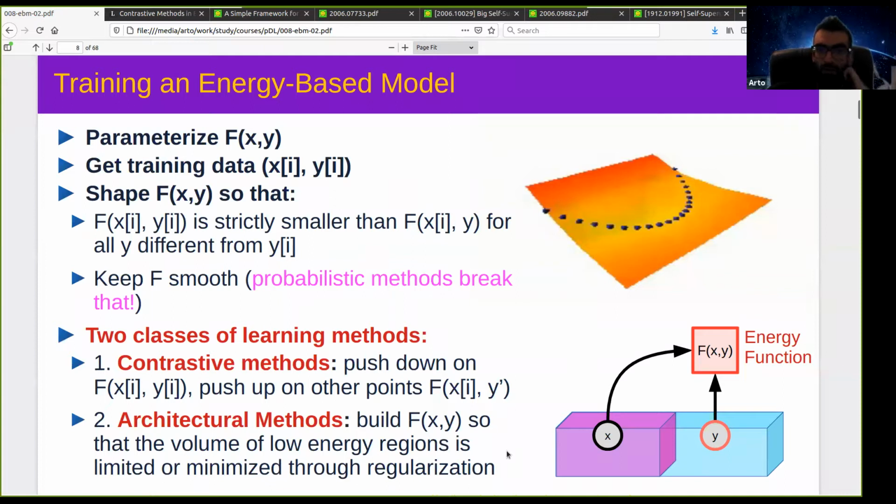And there are two families of methods to find this parameterization of the energy function. Those are contrastive methods and architectural methods.